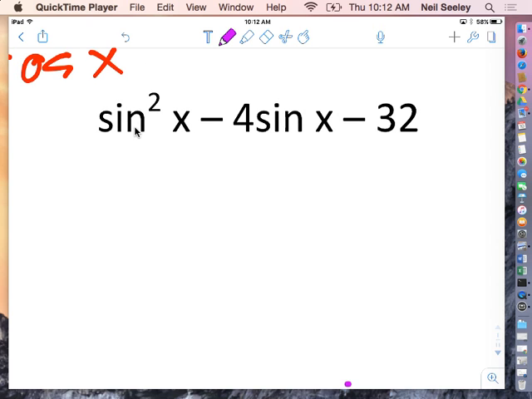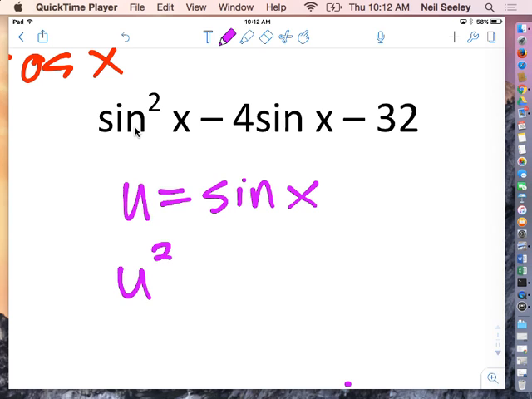If I change this out to be like u replaces sine of x, it looks like this. This is a temporary replacement, by the way. It's just me saying, all right, this means that would be u squared minus 4u minus 32.